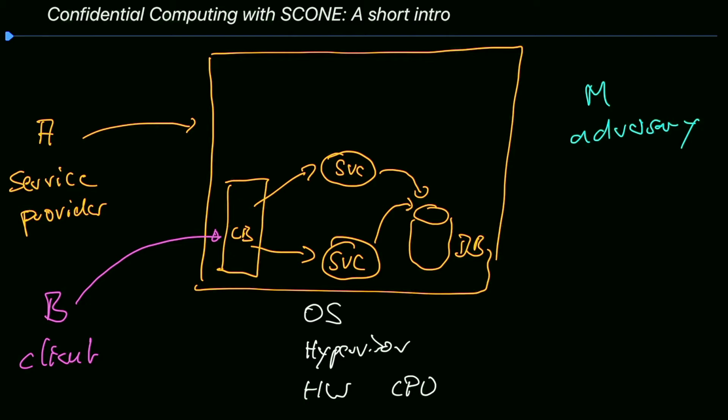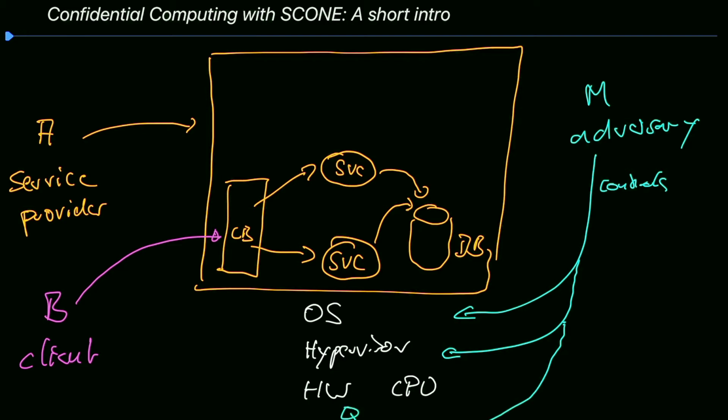And our adversary is in control of all the resources. So she can control the operating system, maybe by stealing some credential from some system administrator from the cloud. She might control the hypervisor. She might have a look at the hardware.